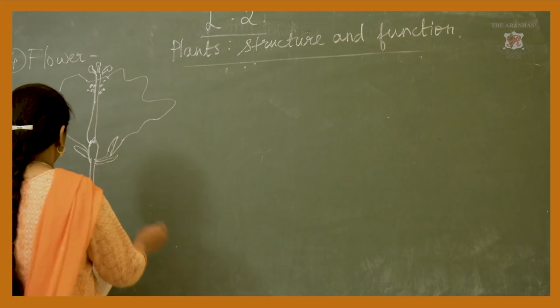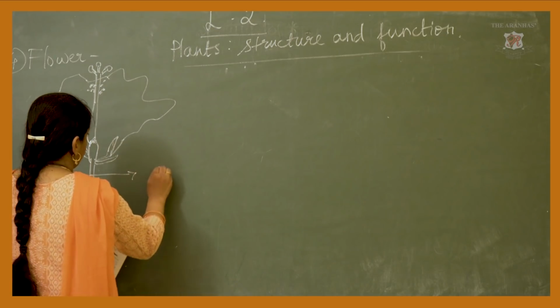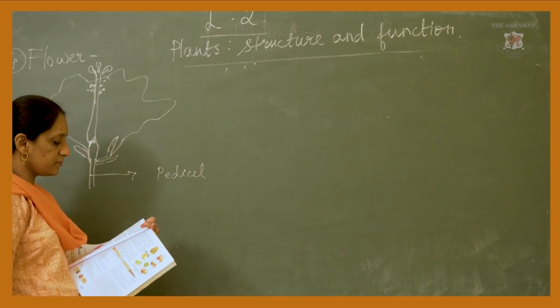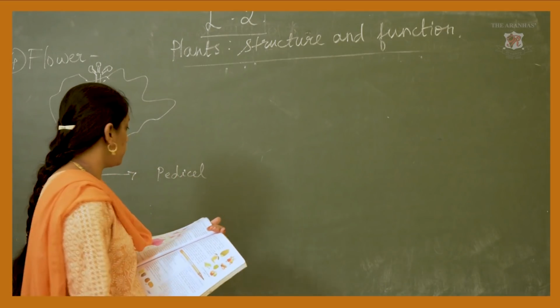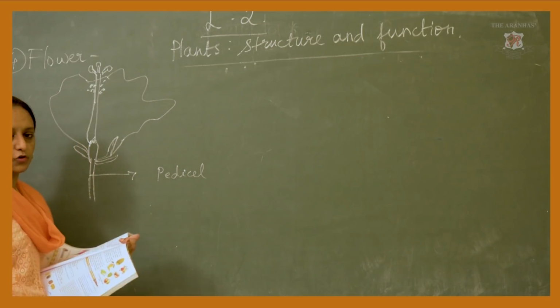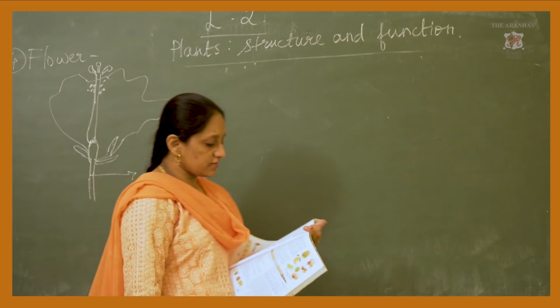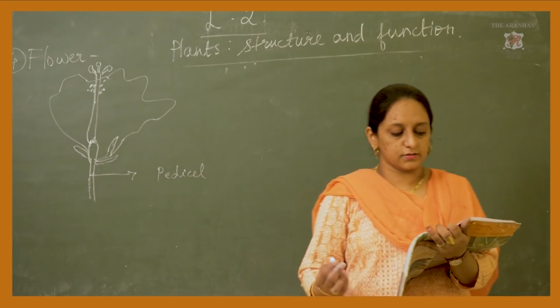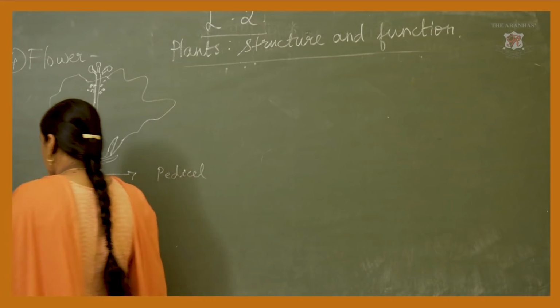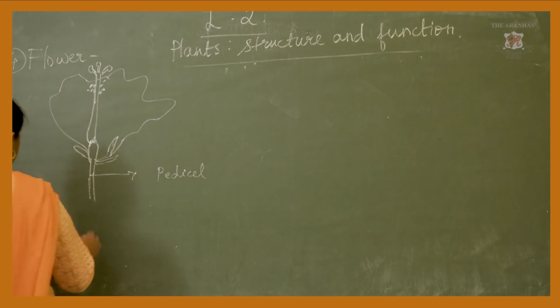Students, now pay attention. Just now I read the definition of pedicel. Flowers may have a long or a short stalk called pedicel. This can be long or short for different plants. That is called the pedicel, from where the flower starts growing. One end of the pedicel is attached to the stem and the other end of the pedicel is expanded and swollen.